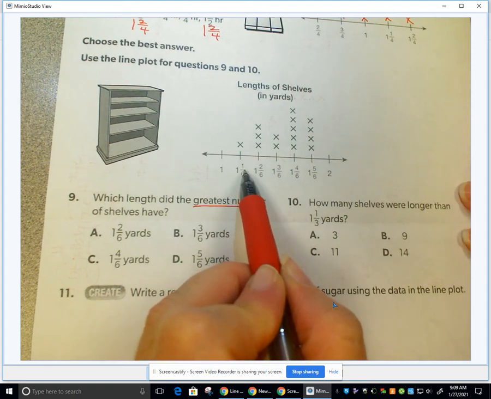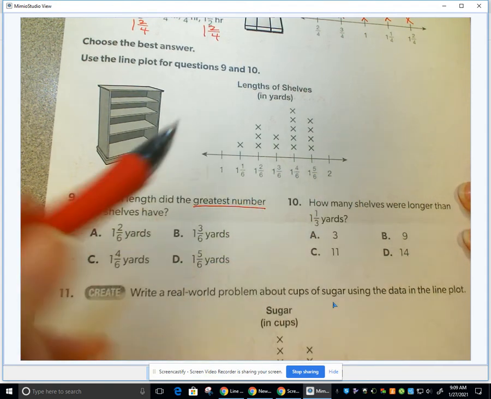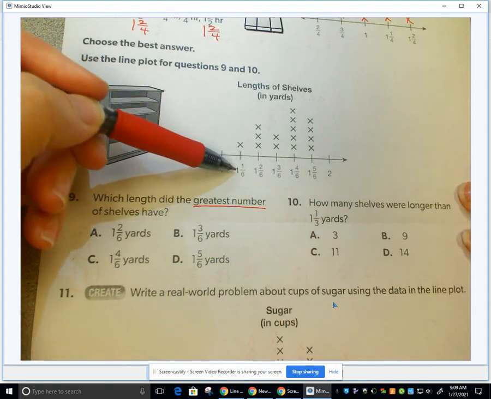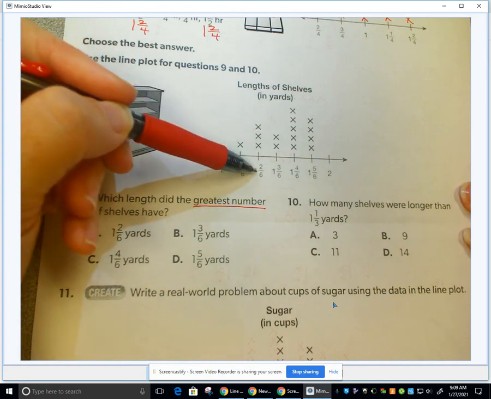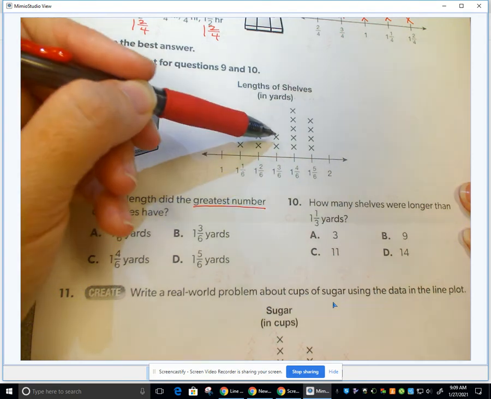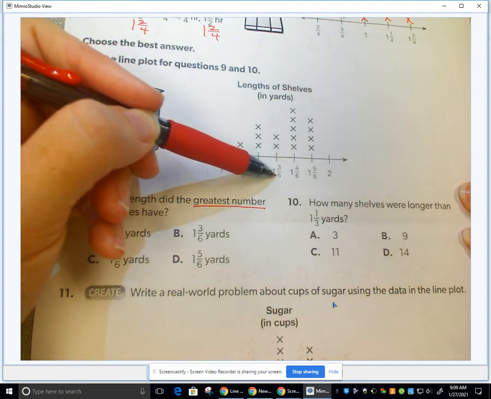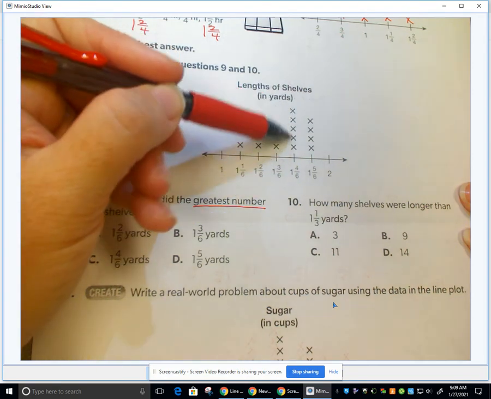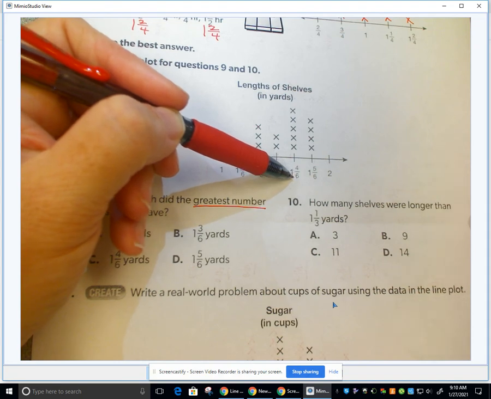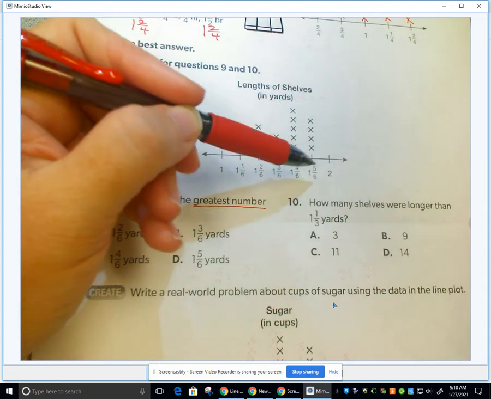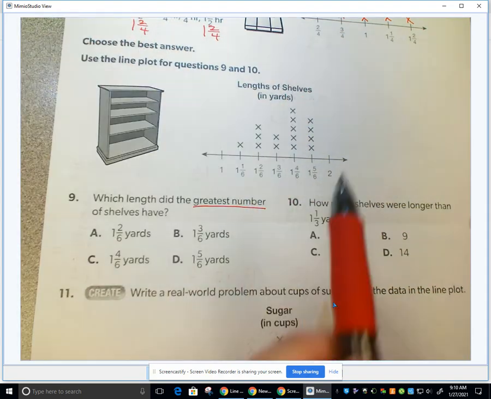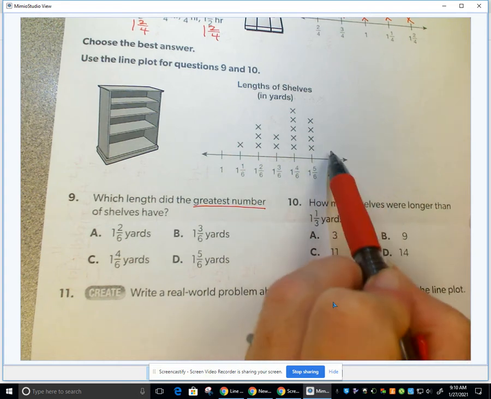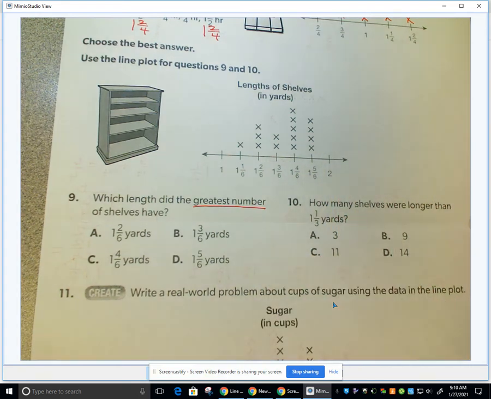Remember, these were my lengths. So 1 shelf was 1 1/6 yards. 3 shelves were 1 2/6 yards. 2 shelves were 1 3/6 yards. 5 shelves were 1 4/6 yards. 4 shelves were 1 5/6 yards. And for 2 yards, I didn't have any shelves that measured that length.